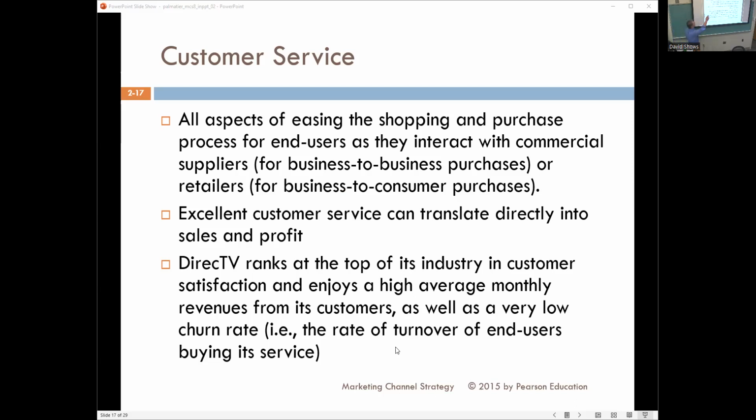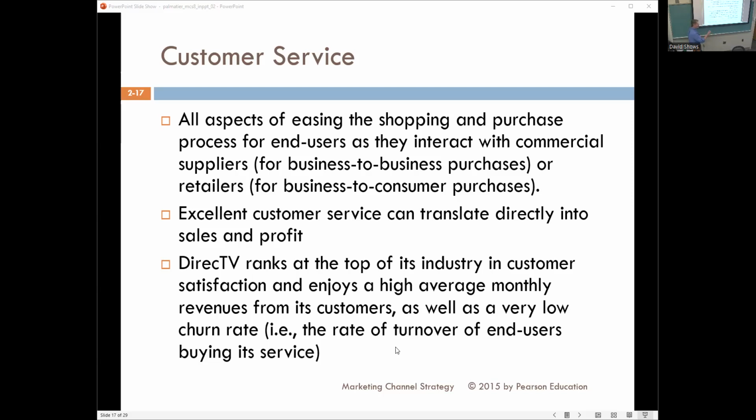So customer service has to do with any of the aspects that have to do with the shopping experience, whether it is commercial or retailers. As I've said before, I can sell the same product, I can do the same delivery, but if my service to my customer is better, it makes me better than another company.